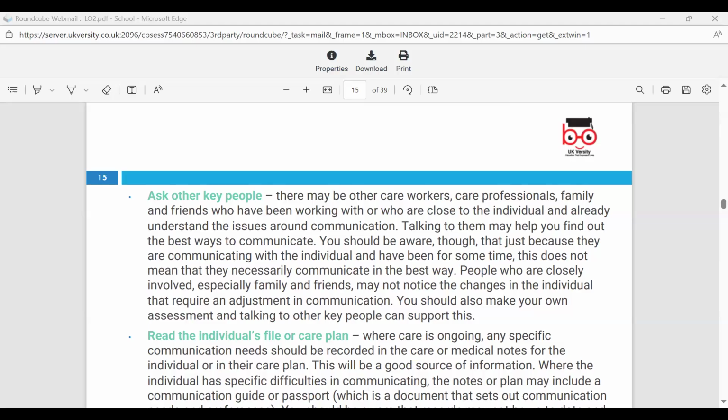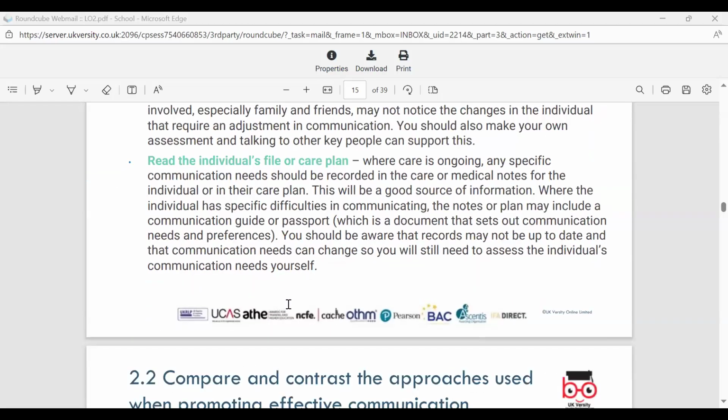Again, reading the individual's care plan is a good source of information, making sure you're communicating well to them and assessing their needs.